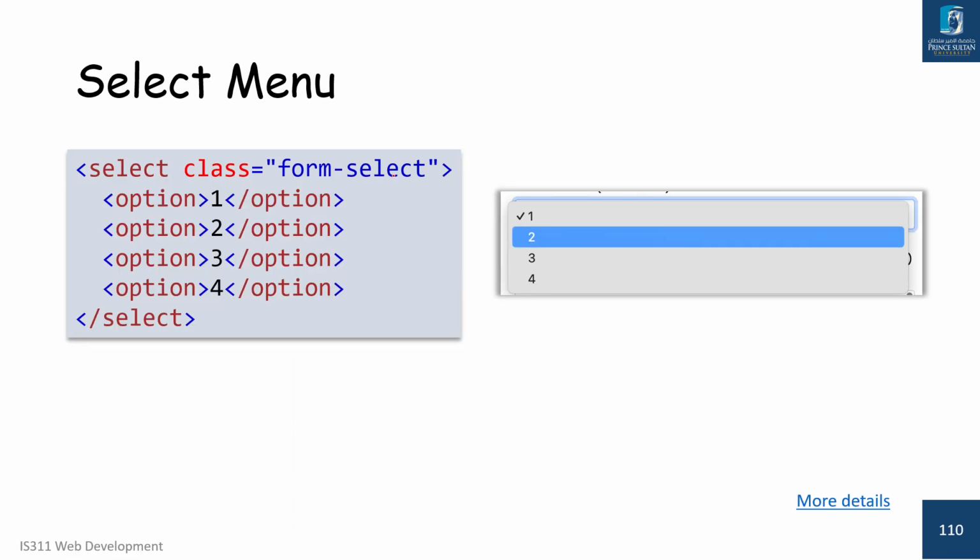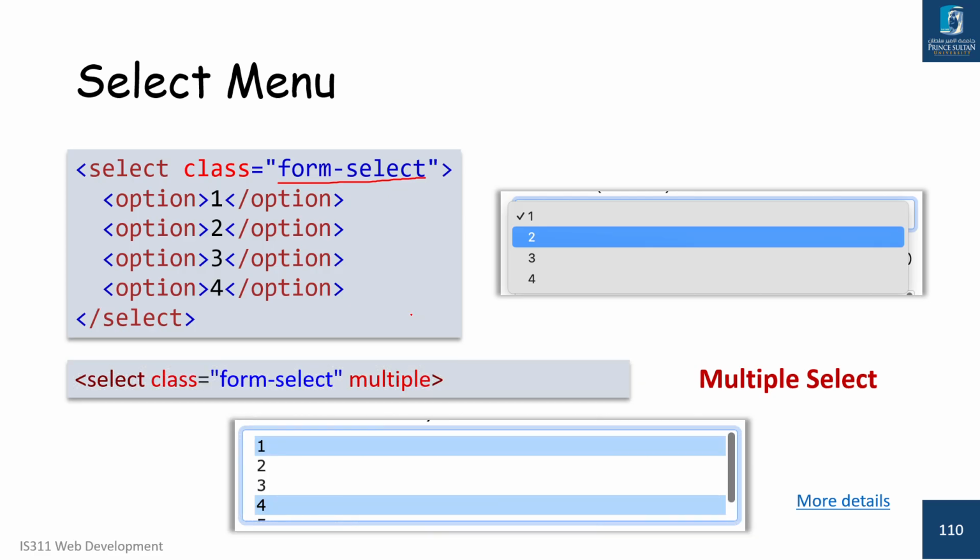Then we also have select, and the class is form-select, and then we have options 1, 2, 3, and we can also put multiple, if we want to select multiple options out of it. So the same styles that we have used in the simple HTML file without any styling can be applied.